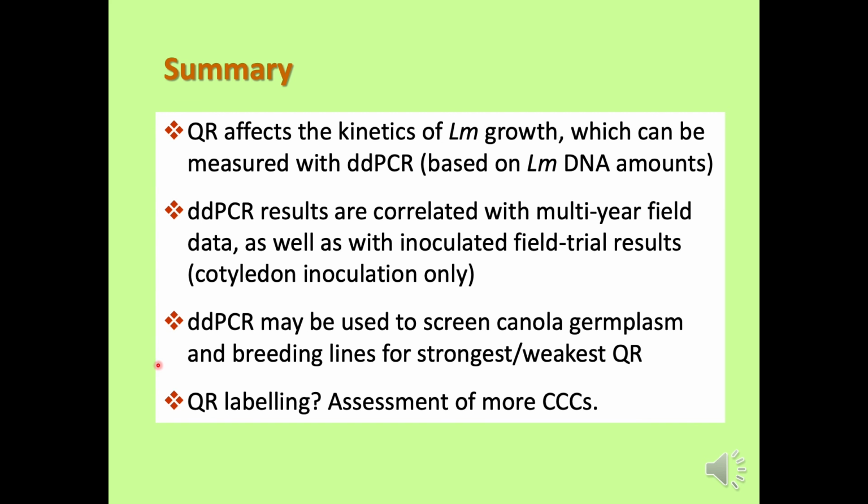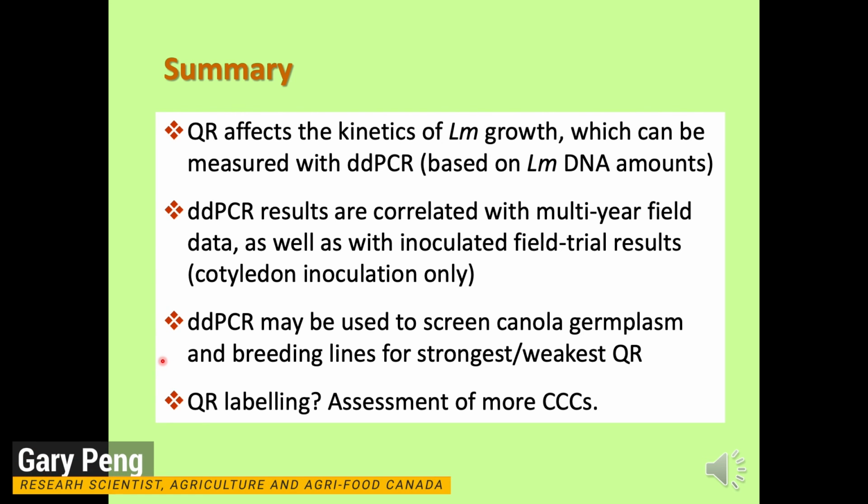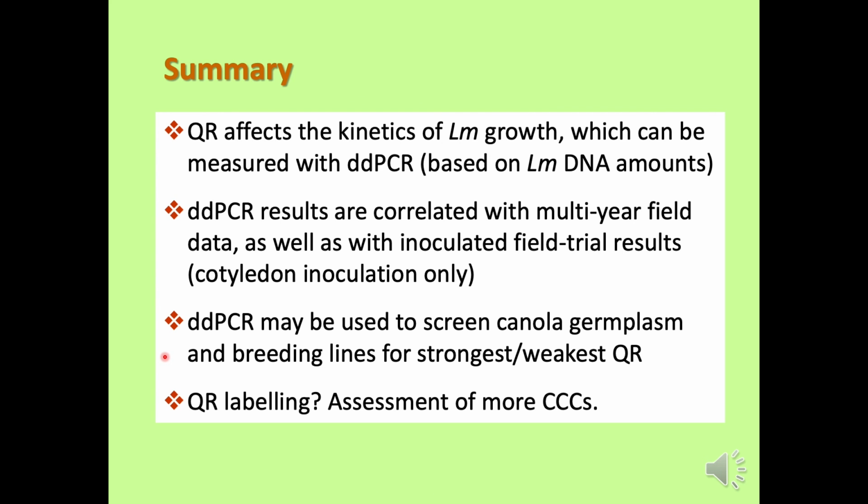To sum up, quantitative resistance seems to be able to affect the kinetics of fungal growth in canola tissue, which can be measured with the ddPCR based on the amount of pathogen DNA.